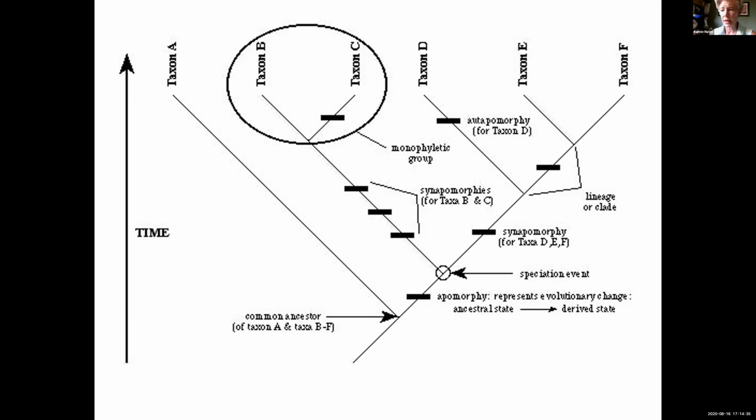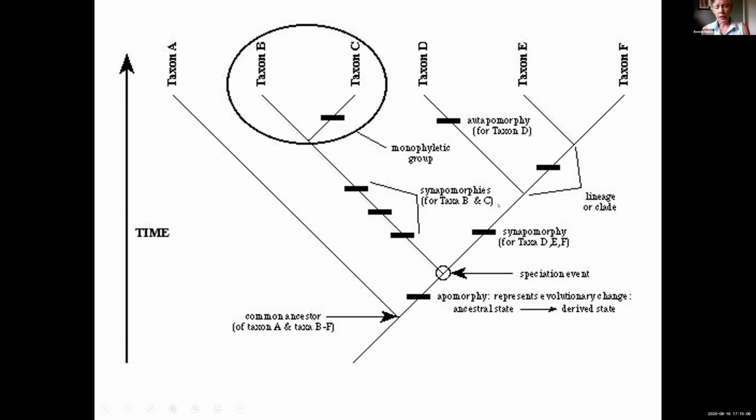We're going to be able to tell if it's a monophyletic group because if we were to clip any of the branches on the tree, then everything that would fall off if we clipped it would be our monophyletic group. And we have many in the same tree. So we could clip the tree here on this long branch and we get taxon B and C, that's a monophyletic group.